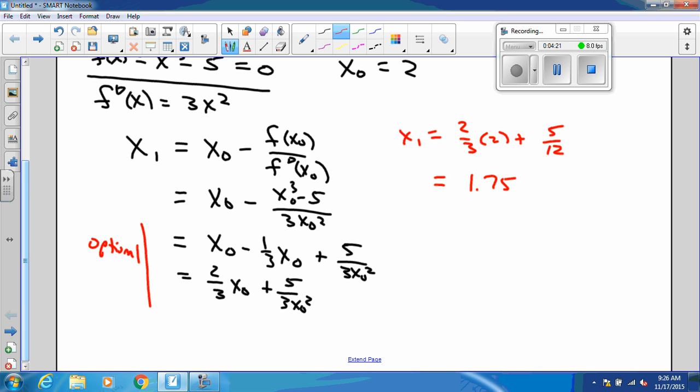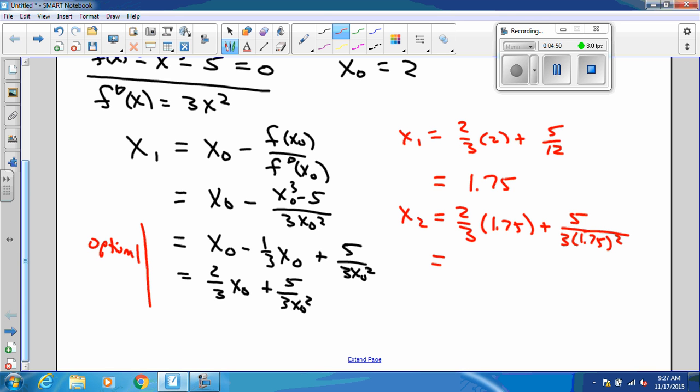And then I can repeat that as many times as I need to until f of my value is 0. You're using the x1 as an x0? Yes, that's exactly right. That's the iteration idea. So x2 would then be 2/3 times 1.75 plus 5/3 times 1.75 squared.